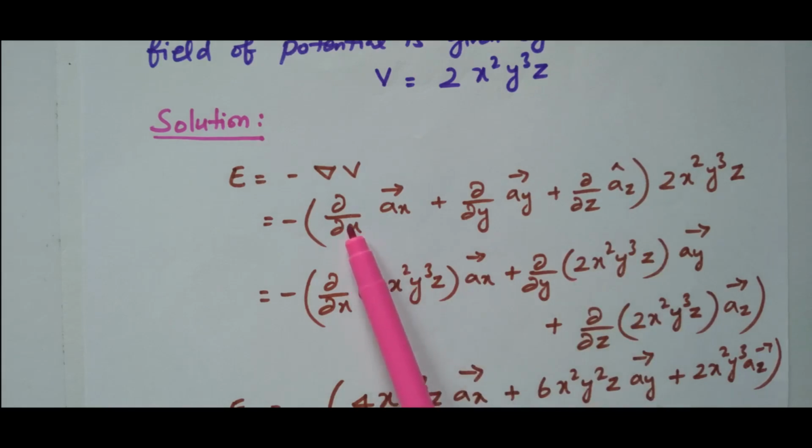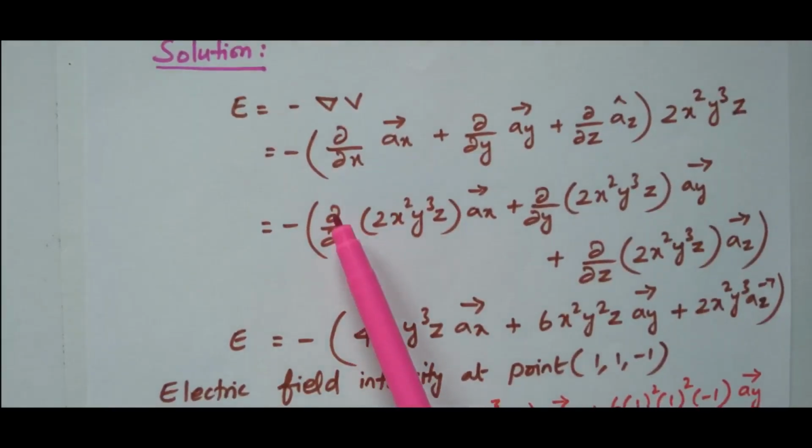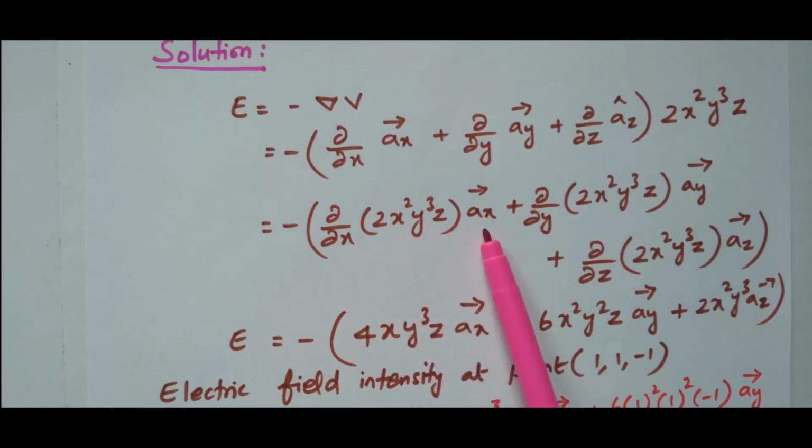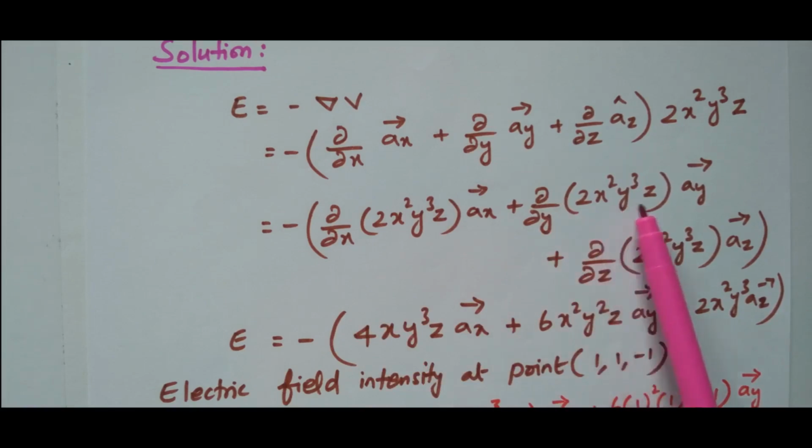Partial differentiation with x, y and z. Now multiply this value: dou by dou x of 2x square y cube z into a_x vector, dou by dou y of 2x square y cube z into a_y vector, and dou by dou z of 2x square y cube z into a_z vector.